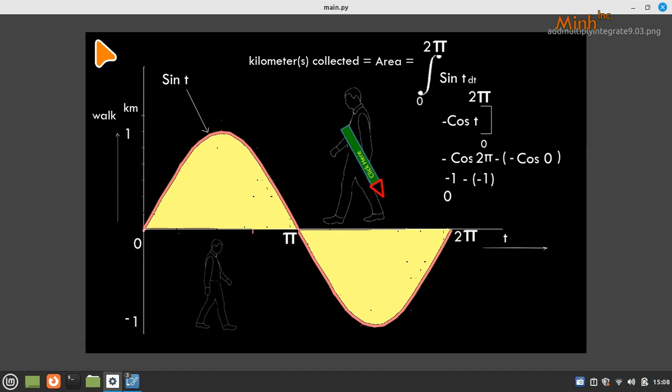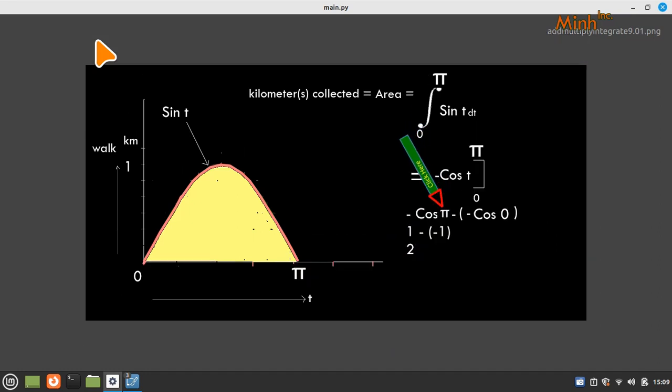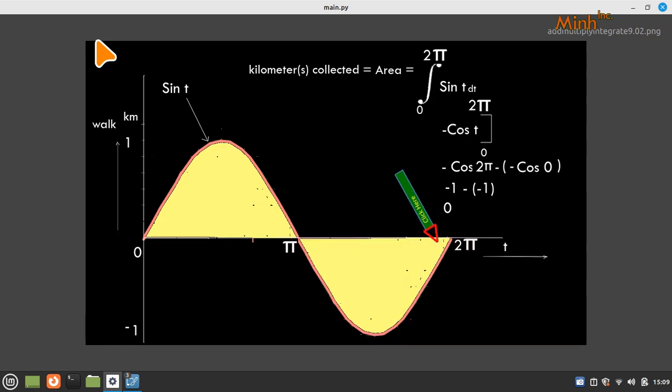In a better interpretation, the person is walking forward in this duration and walking backward in this duration, so the total kilometers walked is 0, whereas up to pi he walked 2 km. Even though he walked 2 km back, it is minus 2, so minus 2 km.